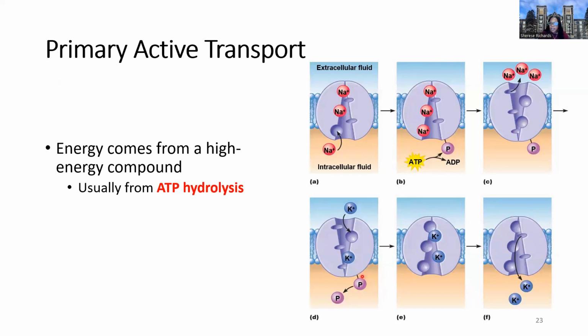And then on the other face of the membrane, we can bind 2 potassium molecules. Again, phosphate can be hydrolyzed from ATP, and that will generate the energy that moves these 2 potassiums onto the opposite side of the cell, right? So the energy that is needed for primary active transport comes from the hydrolysis of ATP.